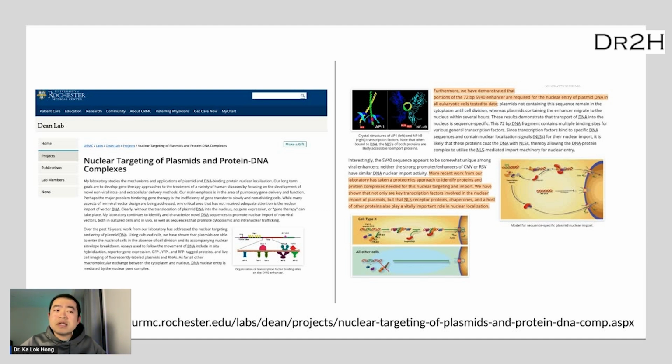They concluded that these SV40 promoters or enhancers, along with other proteins, are required for plasmid DNA to enter the nucleus. Notice that the report showed that the entire circular plasmid DNA enters the nucleus, and it did not show the entry of fragmented DNA or any DNA integration into the cell's native DNA. All right. So, well, there was a lot of science here.